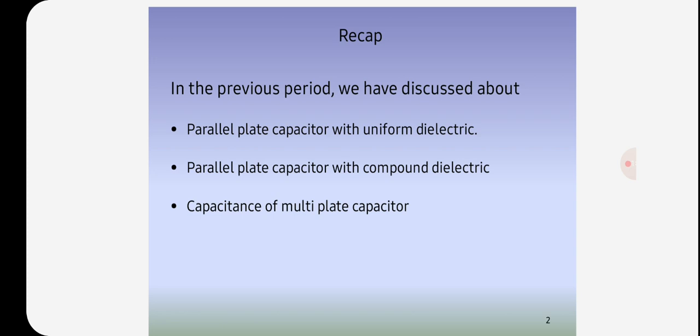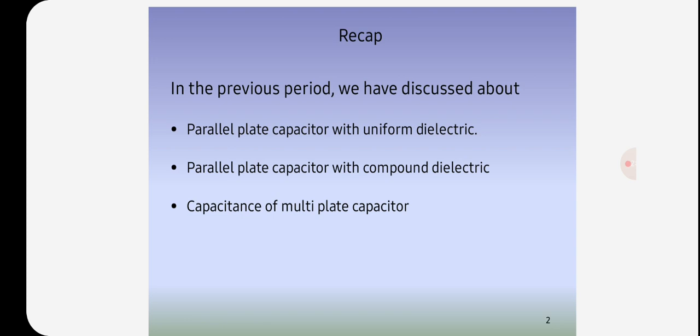The capacitance is equal to charge divided by potential difference, where C is a constant known as the capacitance of the capacitor. Hence, capacitance can also be defined as the ratio of charge on the capacitor to the potential difference between the plates.